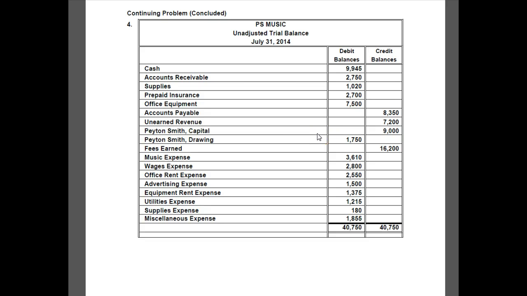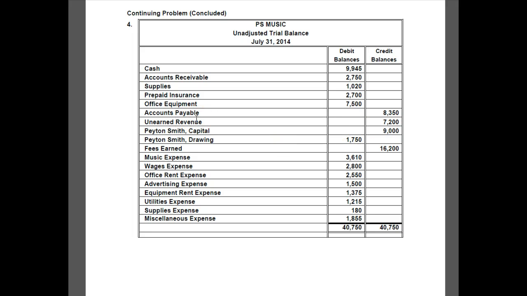The next thing we're going to look at is adjusting entries, because looking at these, if I have office equipment, I'm depreciating that. I did not expense all of that, so that's not been included in these expenses. This unearned revenue, wherever it is, I know there's an unearned revenue here. Here it is. See, it's up in the liabilities.